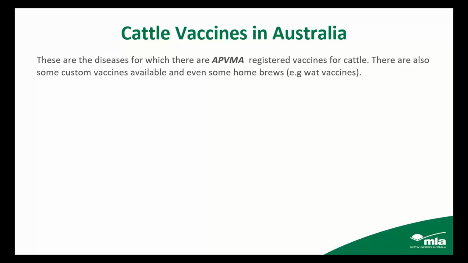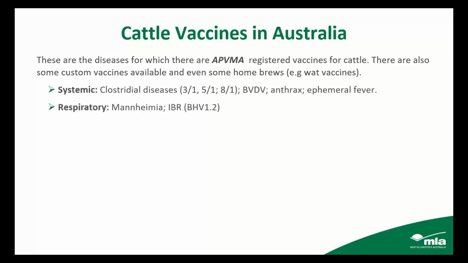Okay, so these are the diseases for which there are cattle vaccines in Australia. Clostridial diseases, you all know about. Respiratory diseases, much more of a feedlot problem. Reproductive diseases, I'm sure you're familiar with most of those, except perhaps Bopreva, which in fact is an alternative to spaying cattle.